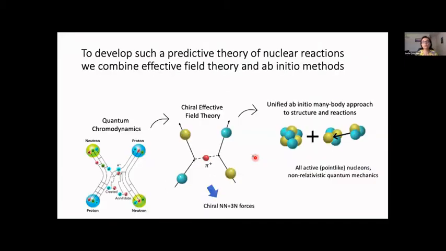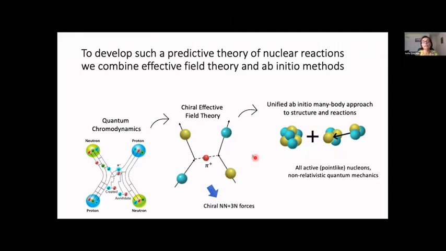I should mention that when it comes to few-nucleon systems, from 2 to 4 nucleons, there are several very accurate, numerically exact methods to describe both the structure and the reactions of nuclei.